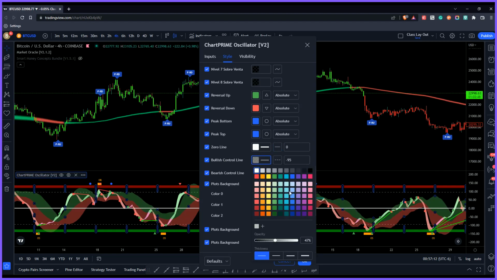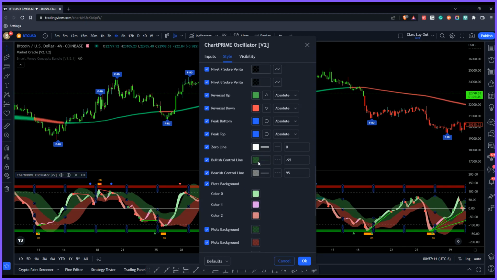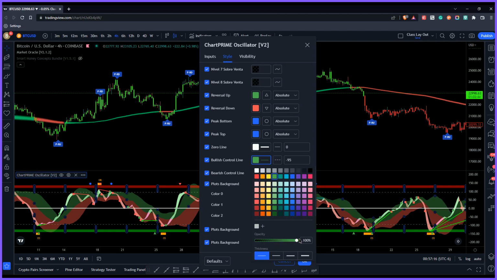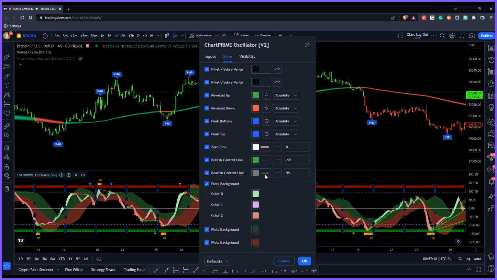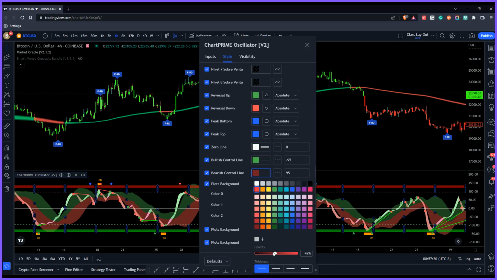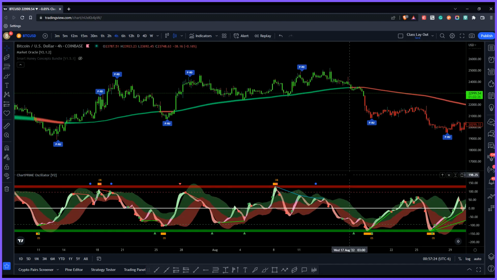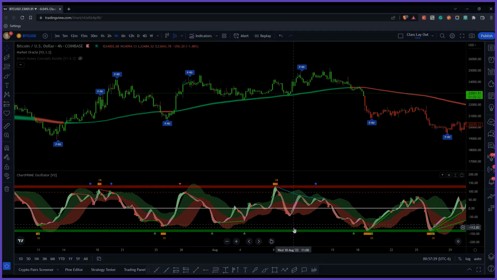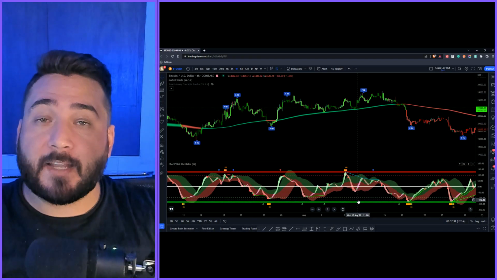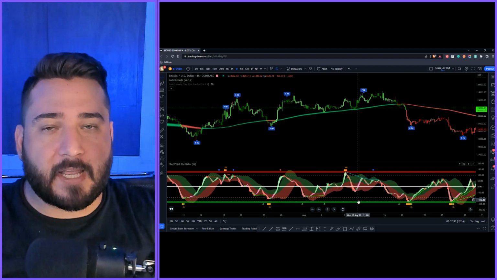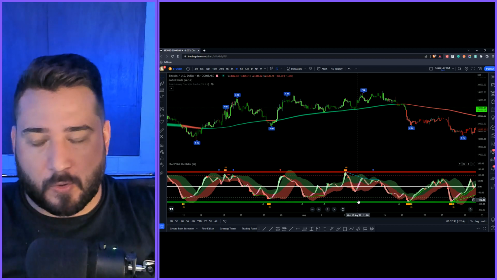Then my bullish control line, just because it's bullish, I'm gonna put it on green, turn up the opacity and leave it like it is. And then bearish, again red, turning up the opacity and leave it like it is. So far I already have finished with my own personal configuration. Remember, I have not changed any settings so far. I'm using default settings, only aesthetic look, right?